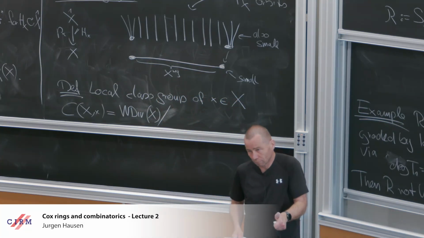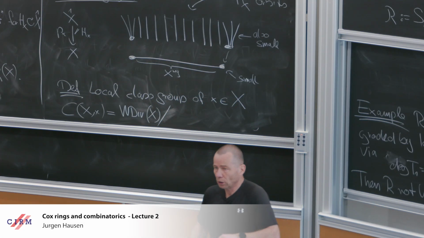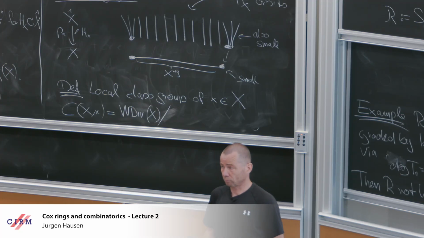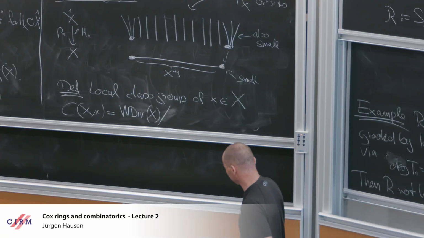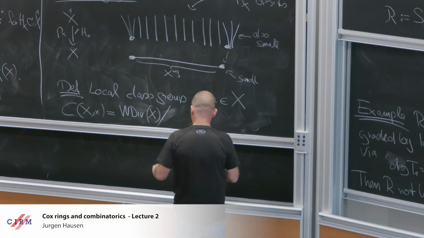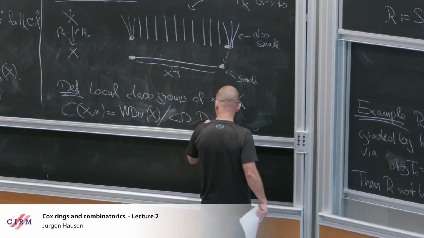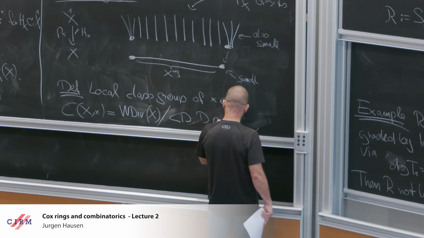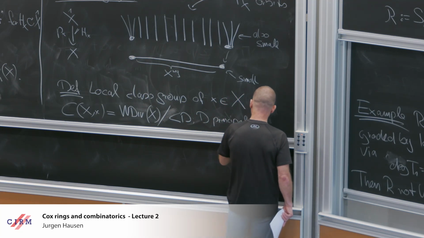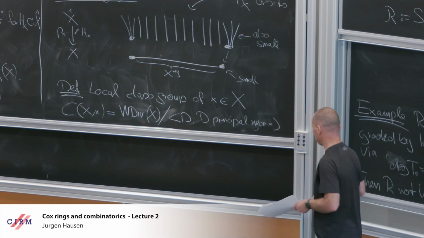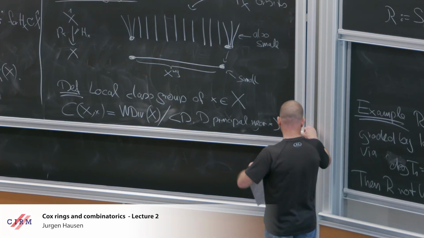I mod out all Weil divisors which are principal on a neighborhood of my point X. So only Cartier, only near X. I mod out the subgroup of all D which are principal near the point X.